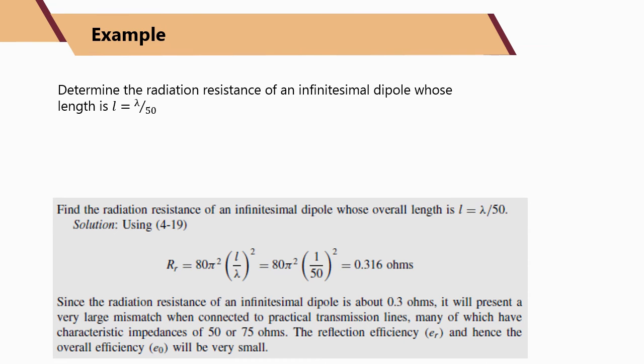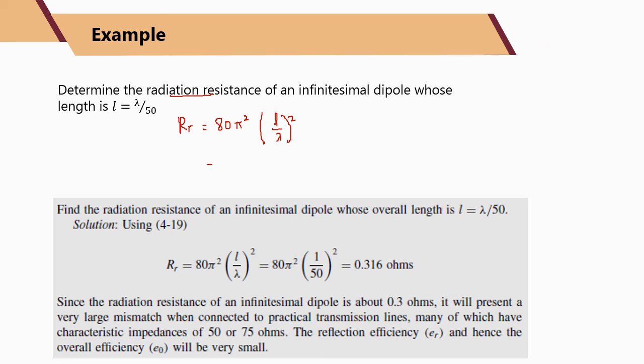Okay, let's look at an example. Determine the radiation resistance of an infinitesimal dipole whose length is L equal to lambda over 50. From the previous slide, we know that the radiation resistance, R r, is equal to 80 pi squared multiplied by L over lambda, squared. We assume that it is in a free space medium.